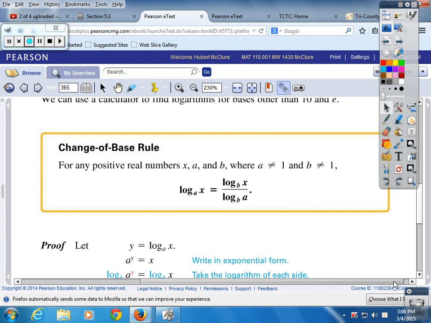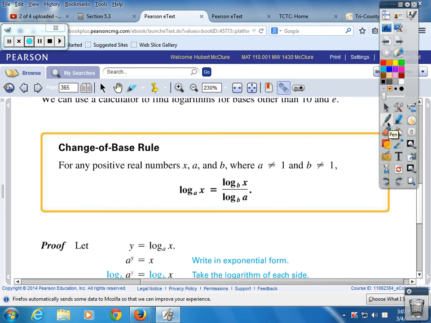So if you weren't here the other day and you didn't watch the video, log base A of x. In other words, there's only 2 logs: log base 10 and log base what? E. Log base E is natural log. If you don't have those 2 bases, then you're going to have to use this. Let me give you an example.